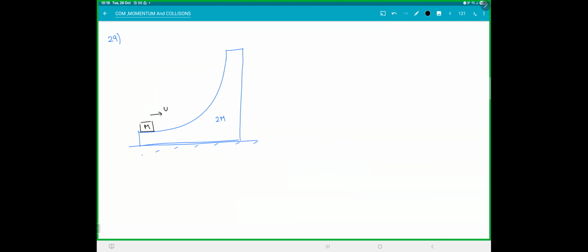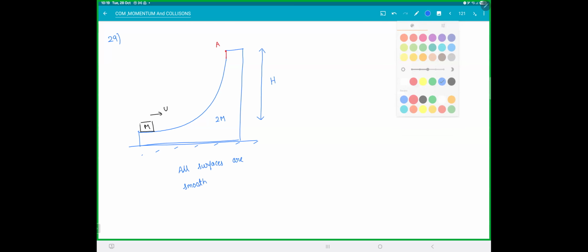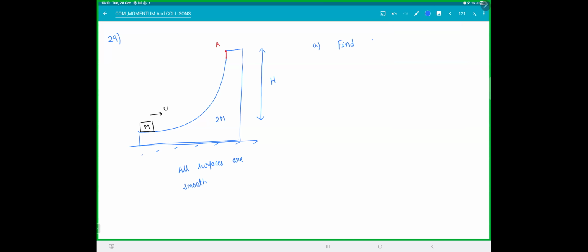This is given speed u. All surfaces are smooth. From here to here, this height is h. So A is the topmost point on the wedge. Then it starts becoming straight. The first question, find u minimum so that the block reaches point A.